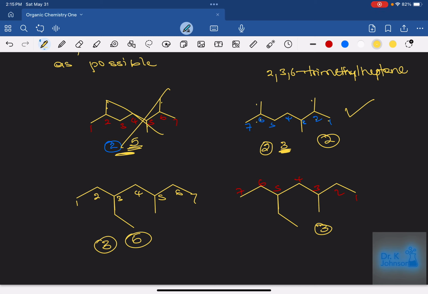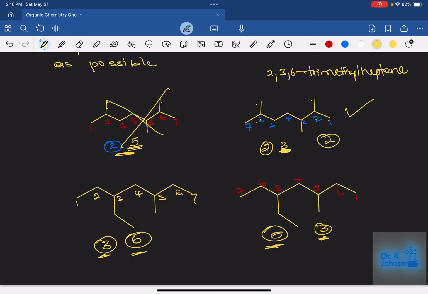Then look what's happening over here. Your second substituent in this one is also on 5. So you're like, okay, at this point, what do you want me to do? Here's what you do. Since it doesn't matter if you number left to right or right to left, you will still end up with 3, 5. First on 3 in both cases, and the second on 5.